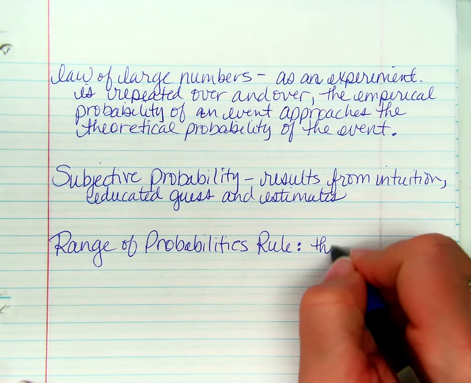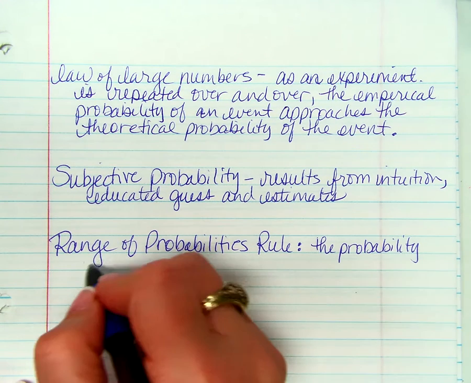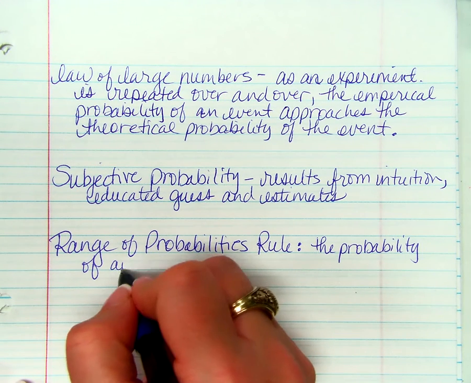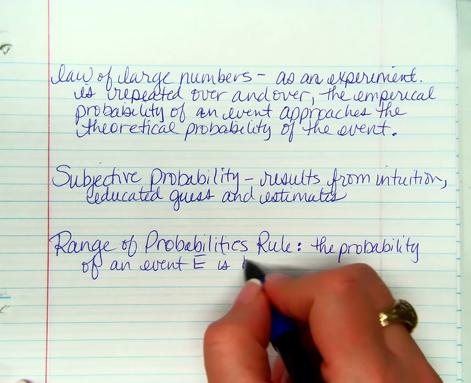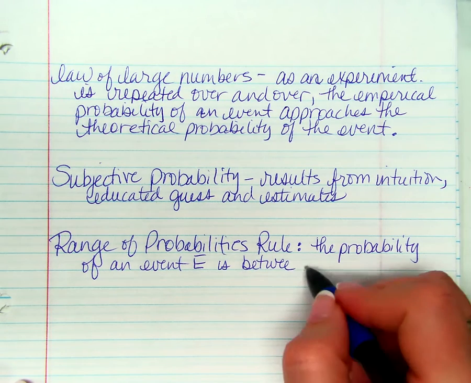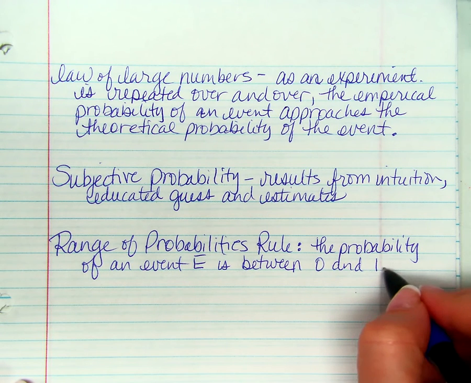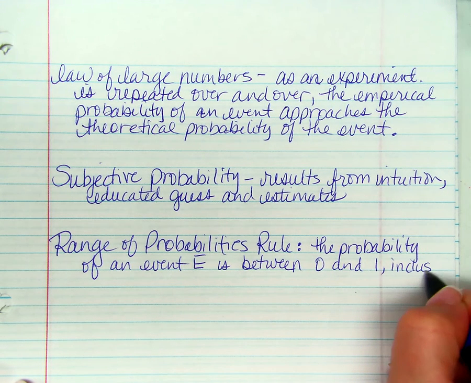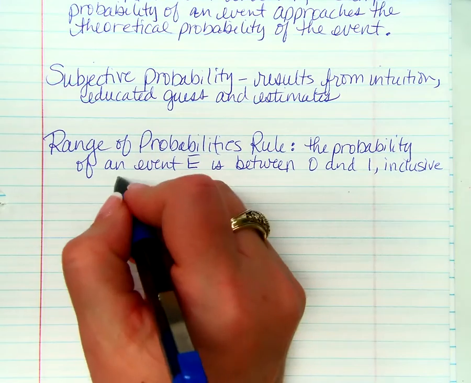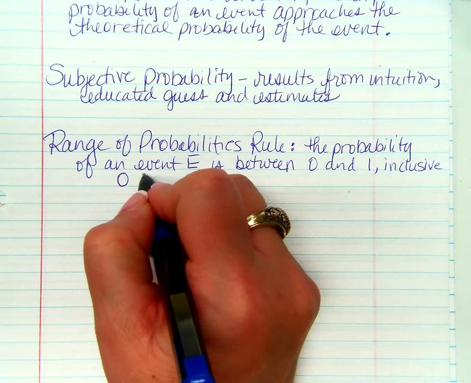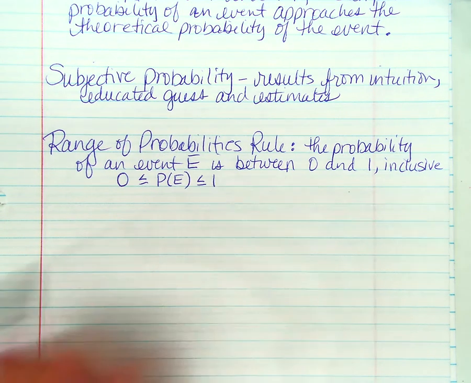But the probability of an event E is between 0 and 1, inclusive. It can be 0 and it can be 1. So mathematically it looks like this: 0 is less than or equal to the probability of that event, which is less than or equal to 1.